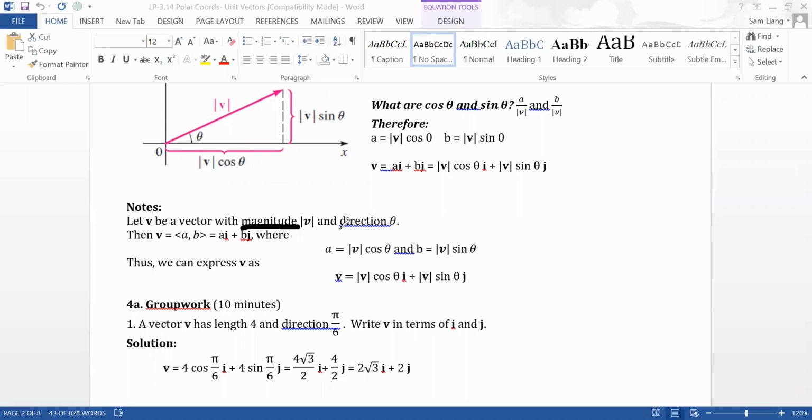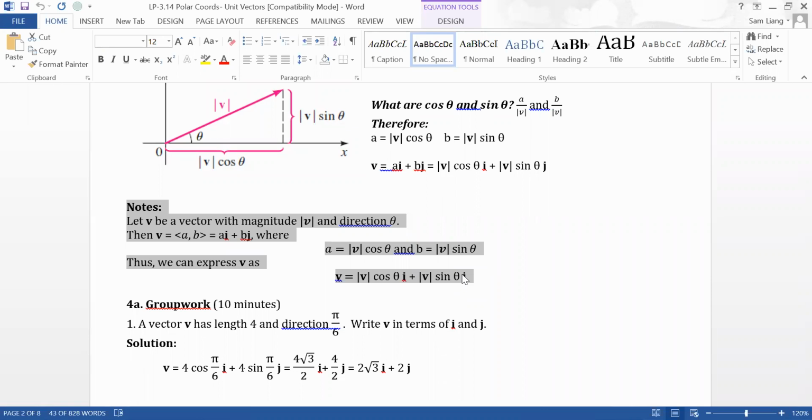Okay. Does anyone still need the notes here?